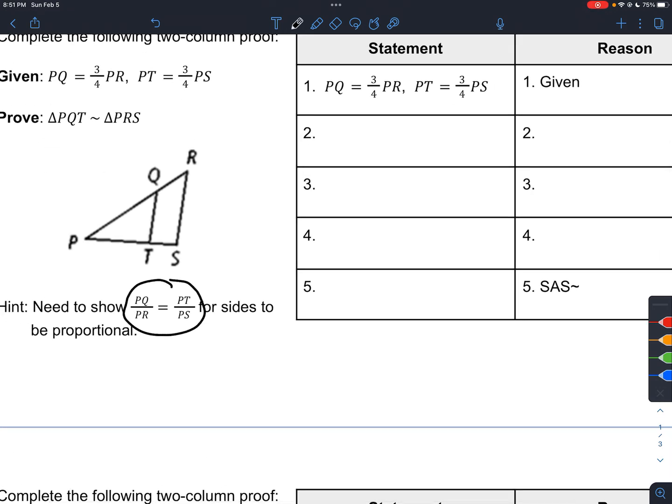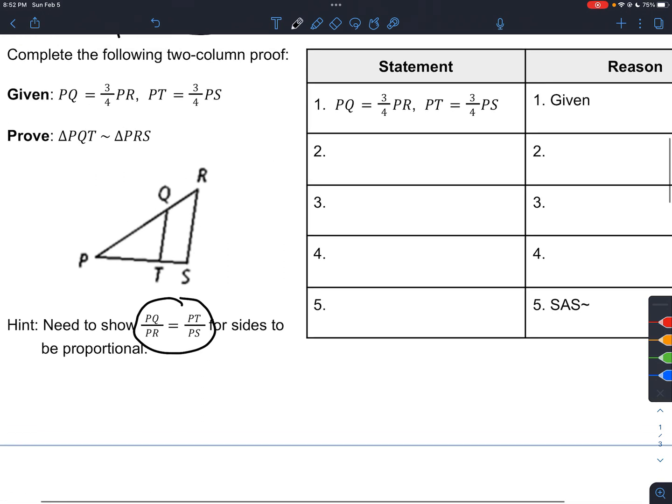So we're really kind of obsessed for these proofs to try and get a proportional relationship written, despite whatever they give us. So one strategy to start this proof, which is basically telling us that these lengths here are about 3/4 of the size of the whole length from P to R or P to S. So if we can convert that into some sort of scale factor, we probably could make some progress here.